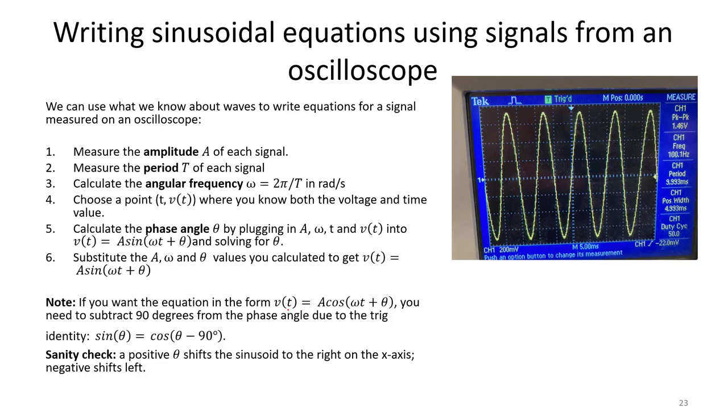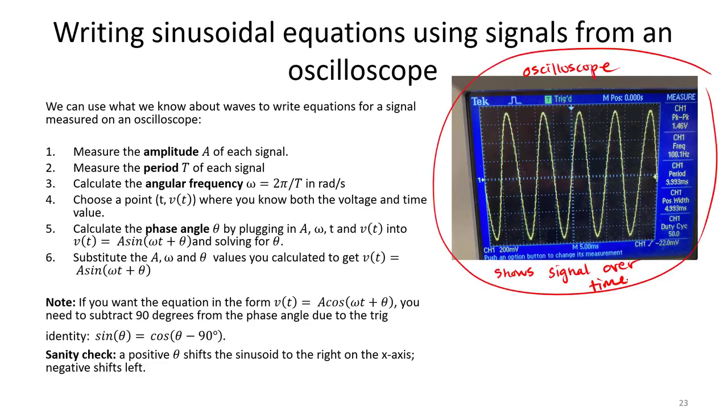So another common situation that we come across in this course is that very often we are looking at signals on an oscilloscope. So the oscilloscope shows our signal over time. And so for a sinusoidal wave, we often see a nice sinusoidal signal like the one here. This particular signal is some voltage signal.